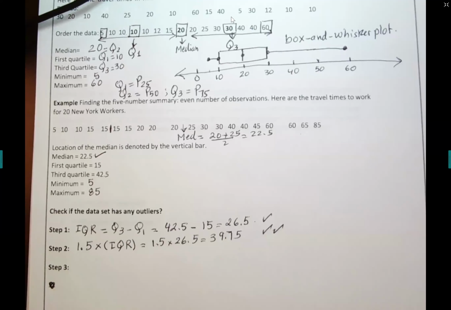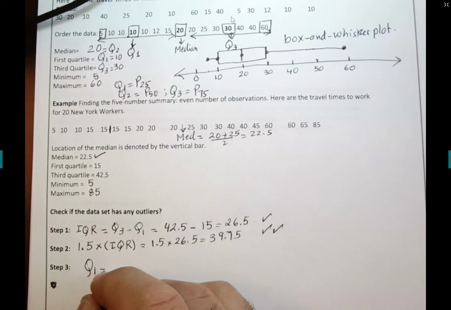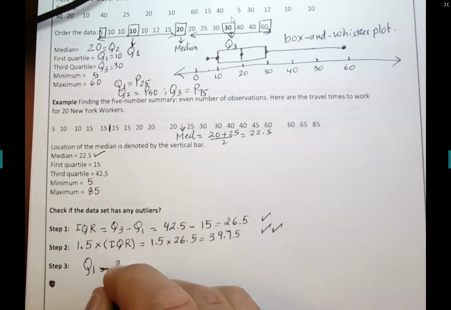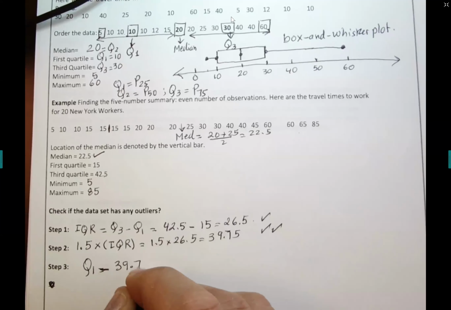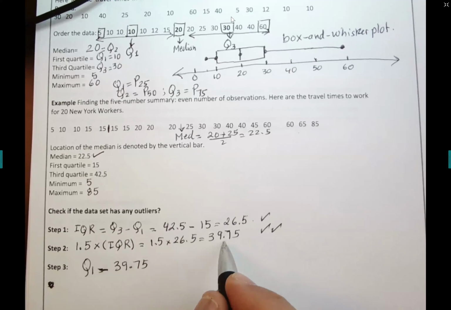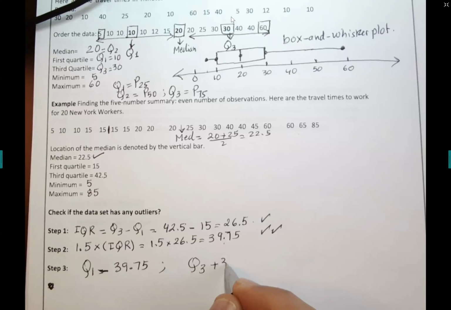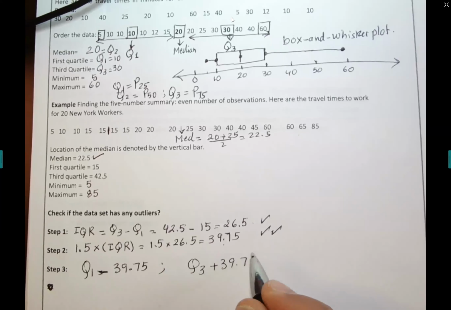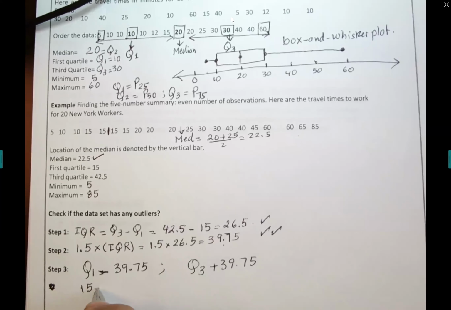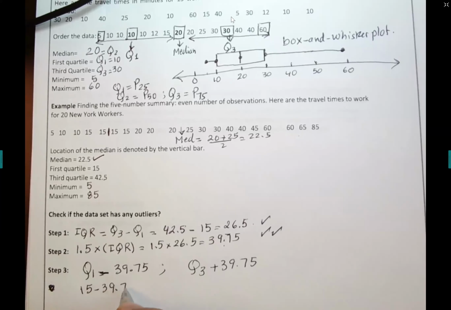And the last step, before I tell you if we have an outlier: take Q1 and subtract 39.75, the answer that you got in step 2, and take Q3 and add 39.75. So let's do this. What is Q1? Q1 is 15 minus 39.75, which is what?